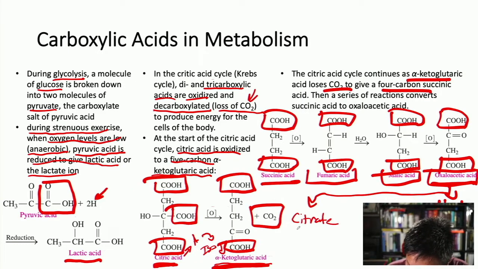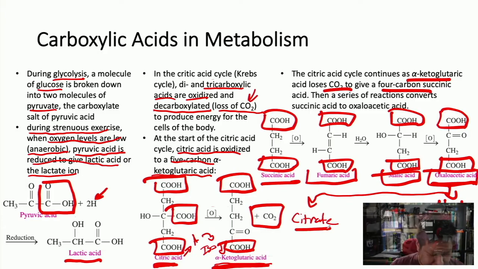But the point of this slide is to demonstrate to you how the citric acid cycle has multiple carboxylic acids that are involved. So enough about carboxylic acids. We'll talk a lot more about them when we start talking about glycolysis, the citric acid cycle, and the rest of the metabolic pathways. Next, let's talk about the esters.